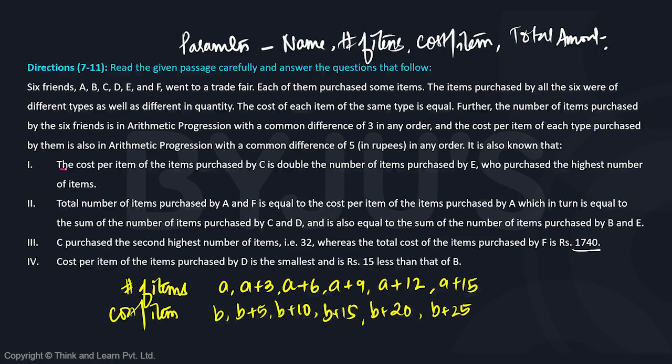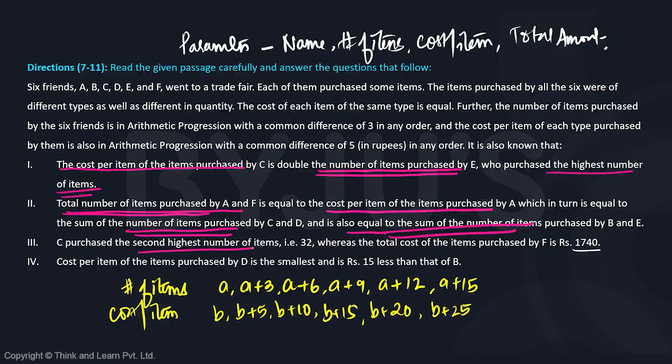So if we read the statements, we see that the cost of the items purchased is there, then the number of items purchased is there, right? Who purchased the highest number of items? Total number of items purchased by A and F is equal to the cost per item, which in turn is equal to the sum of the number of items purchased and is equal to the sum of the number of items purchased, second highest number of items, total cost, and then we have an amount.